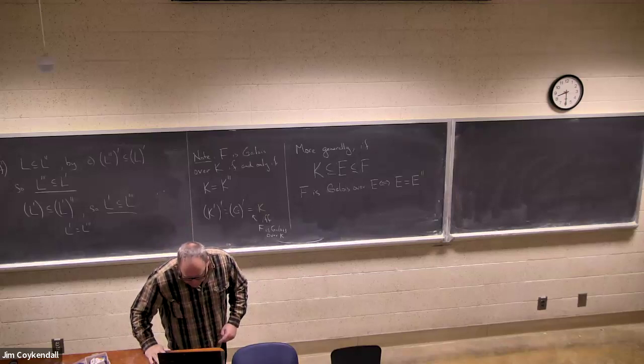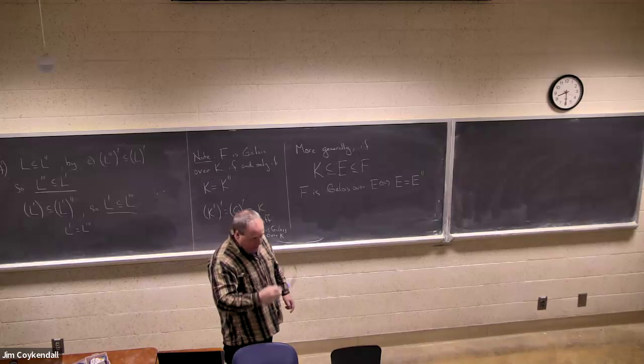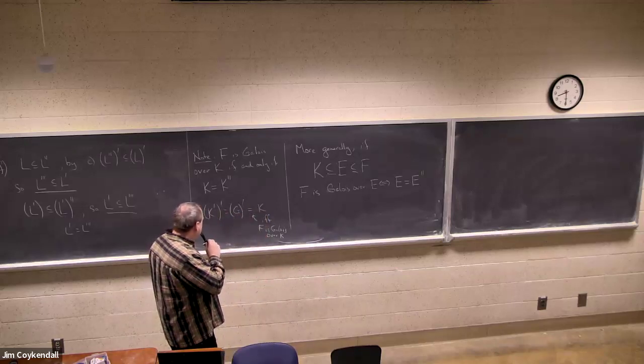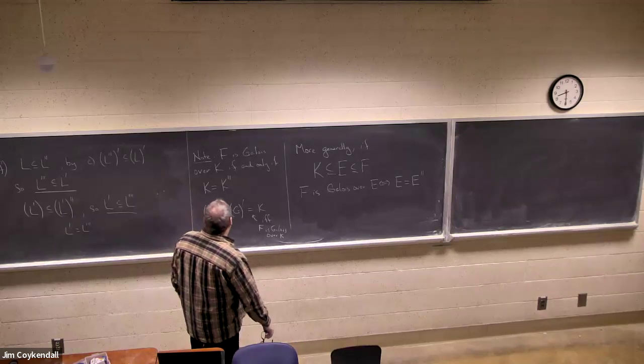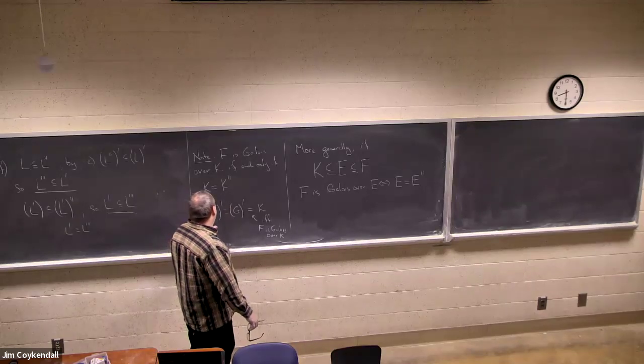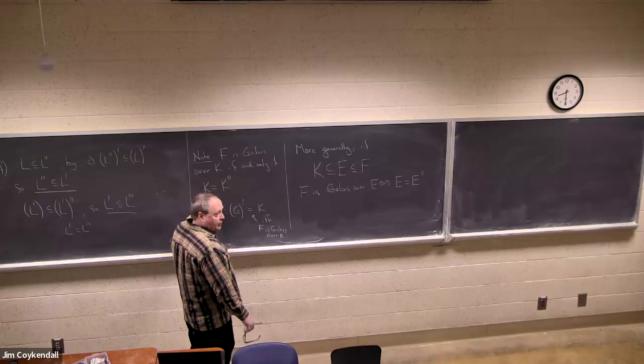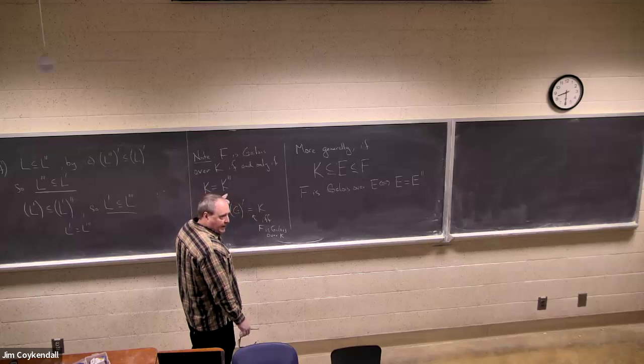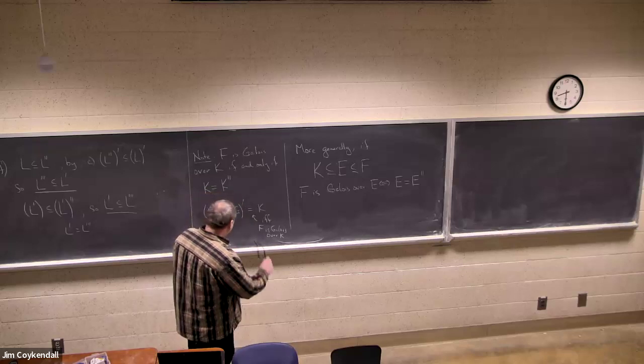If I want to prove that this is Galois over K, do I have to check both equations there or only one? Well, what's always going to happen is you only have to check one, because it's always true that K is contained. So if this is contained in here, which is equivalent to saying that the fixed field can't be too big, right? It's got to be this K.